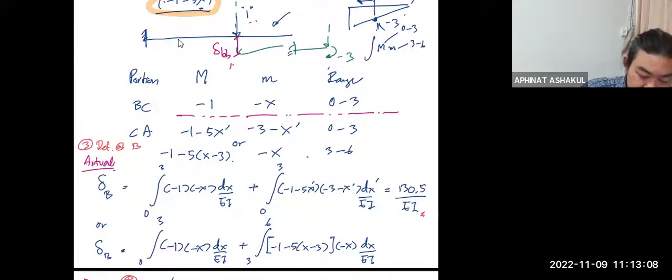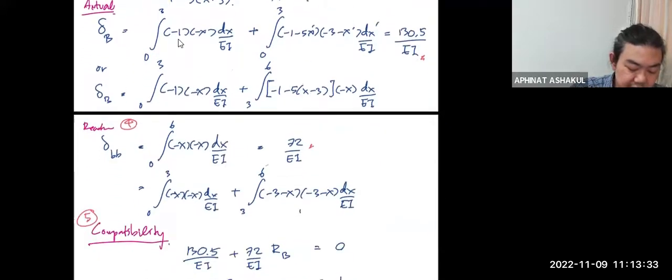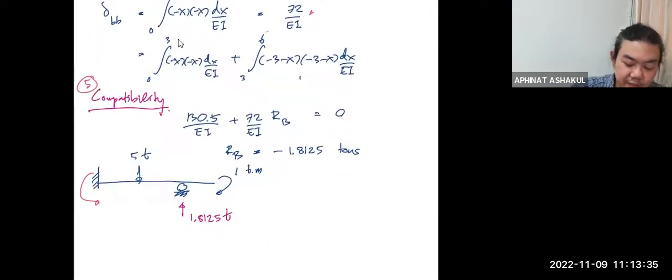Because if I plug in x equal to 3 here, that's minus 16, right? If I plug in x equal to 3 in this equation, I got minus 60. That is the reaction, because this is my moment equation. So I can use this to obtain my reaction, correct? Or I can plug in 6 in this, and you get minus 16. So you know the reaction of a normal cantilever beam is minus 16.